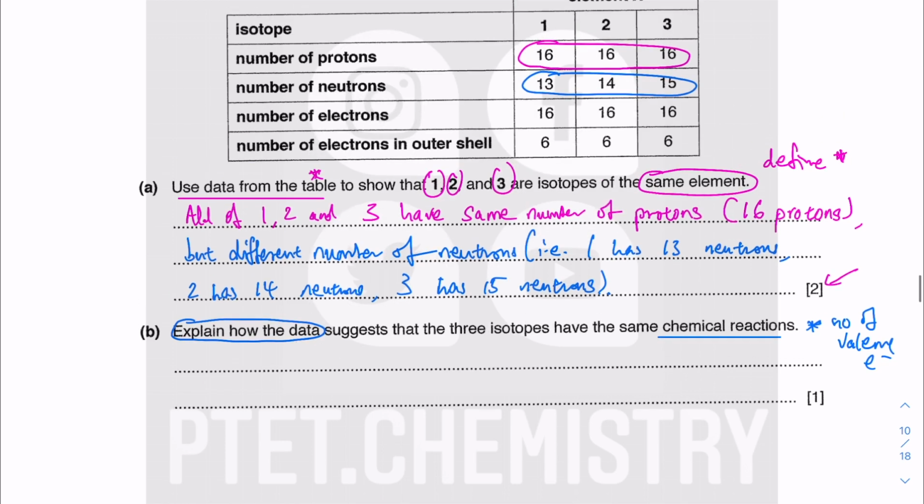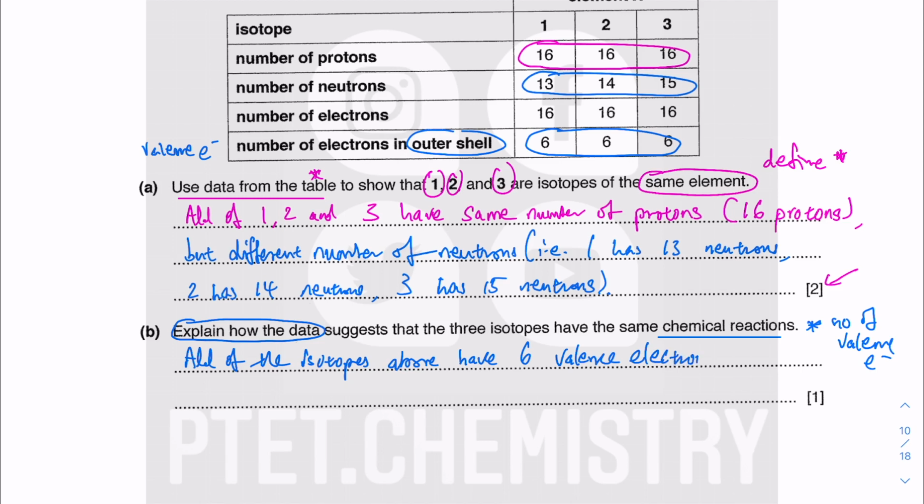All right, so the number of electrons in the outer shell is to do with valence electrons. They have the same number of valence electrons. So all of the isotopes above, using the data in the table, have 6 valence electrons, or you can say 6 electrons in the outer shell based on what information they give you.